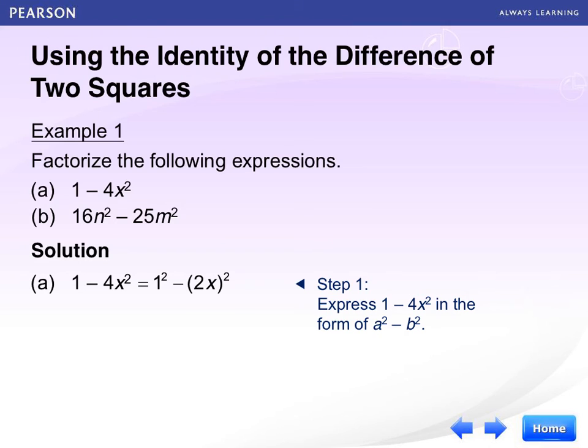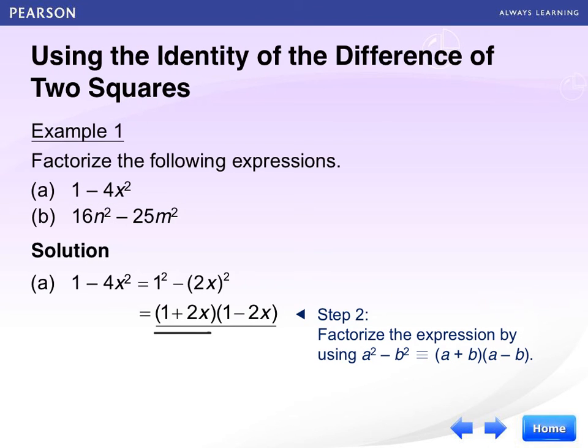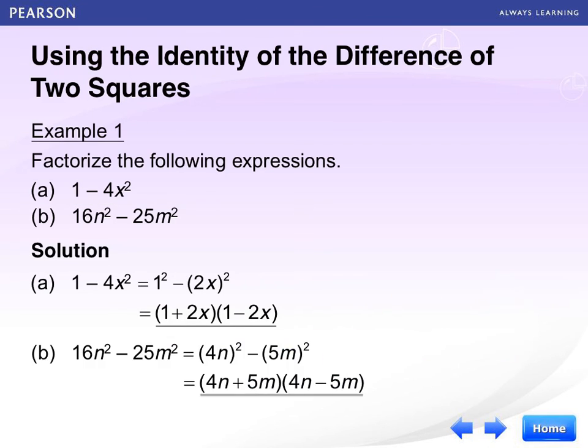Now, there are some more examples for you to study by yourself. For example, 1 minus 4x squared, you find that is 1 squared minus the square of 2x. Of course, it can become 1 plus 2x times 1 minus 2x.